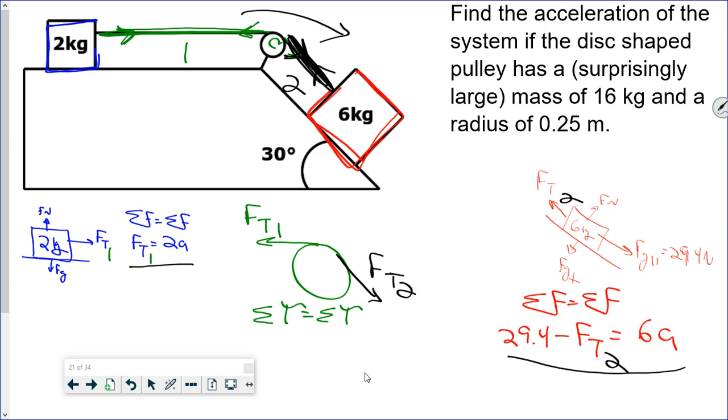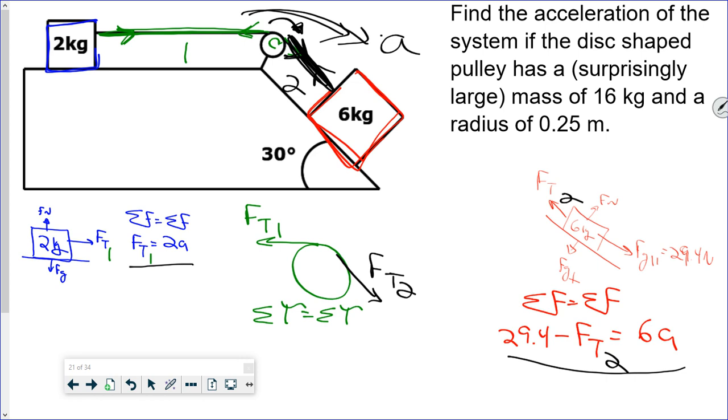In my head, I was thinking that in this direction the acceleration would be positive, which would mean the wheel spinning this way would be positive, which is actually clockwise. If that's going to weird you out, then you have to make your acceleration negative to make your torque also negative.